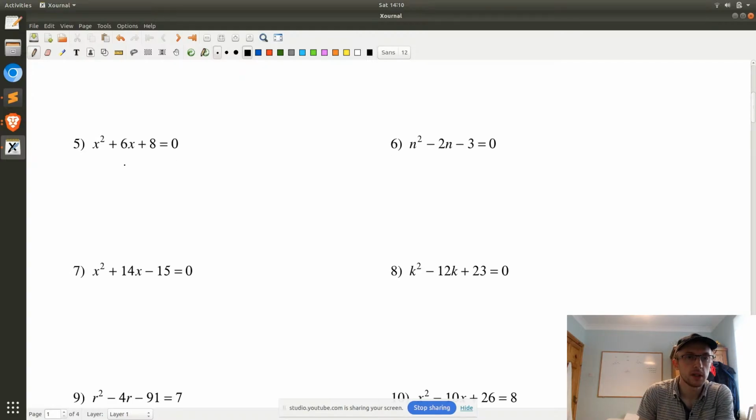For this one here, I mean, this is obviously x add 2 times x add 4, right? So I just know that it's going to be minus 2 and minus 4. But following the procedure, minus 8 on the right. x add 3 all squared on the left. Take 9 on the left to keep it balanced.